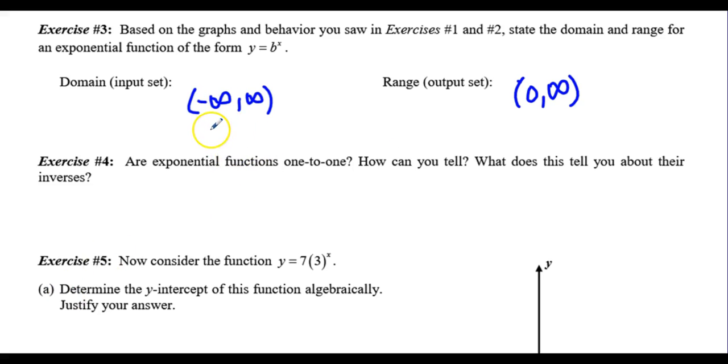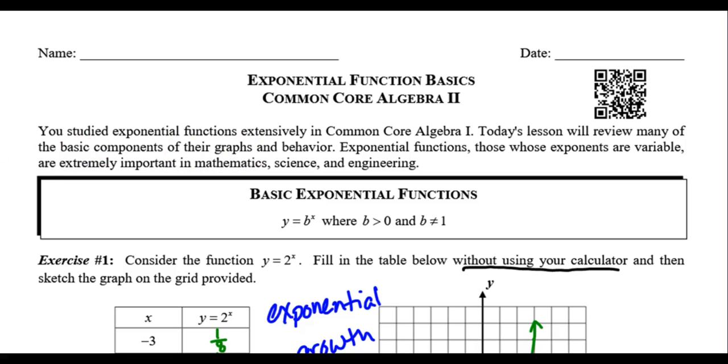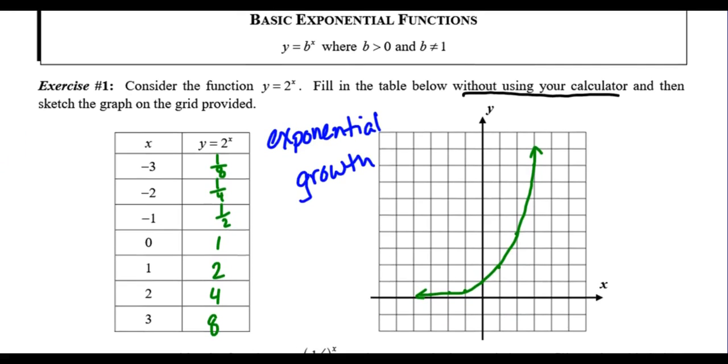I'd like to add one more feature of this graph, the horizontal asymptote. If you remember, we discussed asymptotes in our rational function unit. We said that it is a line that the curve approaches. So if you're looking back at this exponential graph, when x is very, very small, y is getting very, very close to 0, right? These numbers are getting half as big each time.